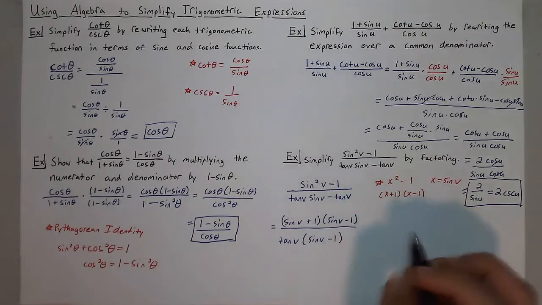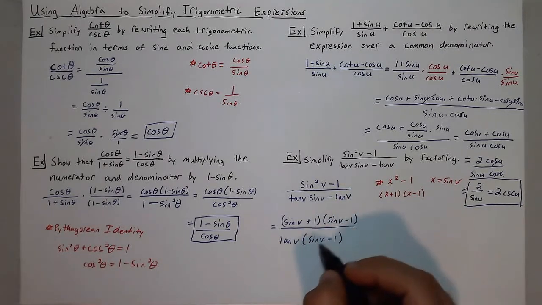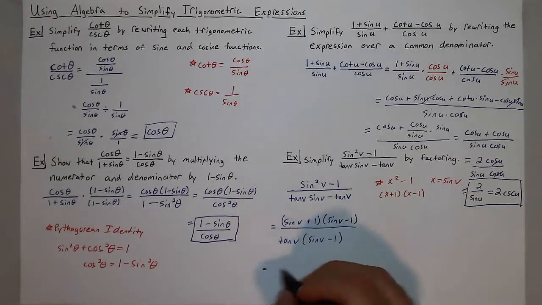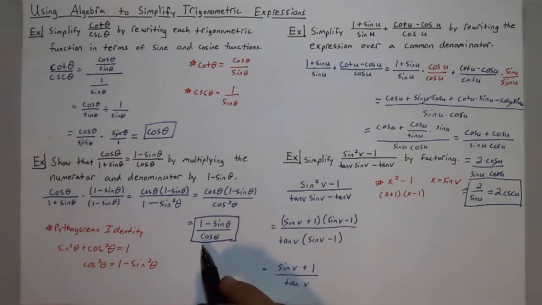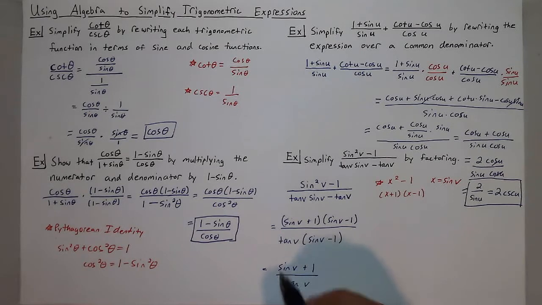And you'll see here there's a common factor that could be canceled out, giving me sine of v plus 1 all over tangent of v. So again, that same scenario that we see over here, now there's one function in my denominator. I could think of this as sine over tangent plus 1 over tangent, which I could maybe do more simplification on to rewrite as another expression.